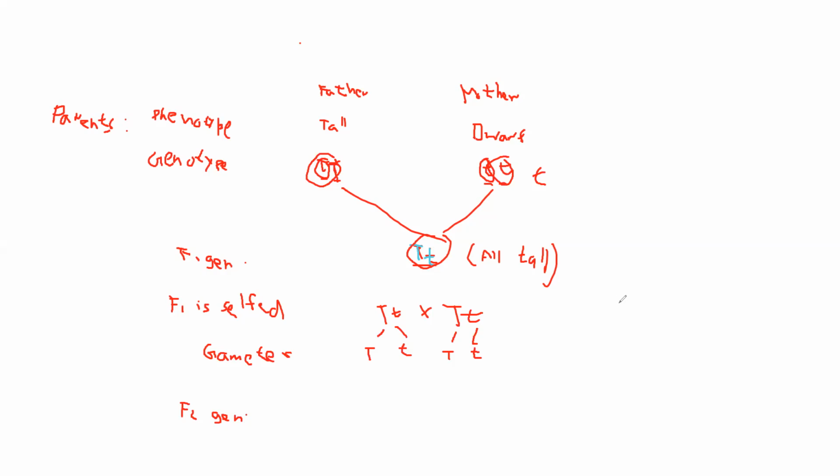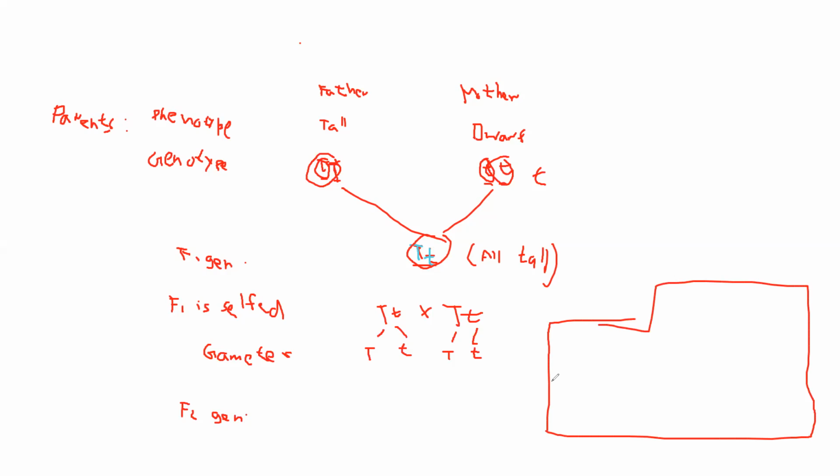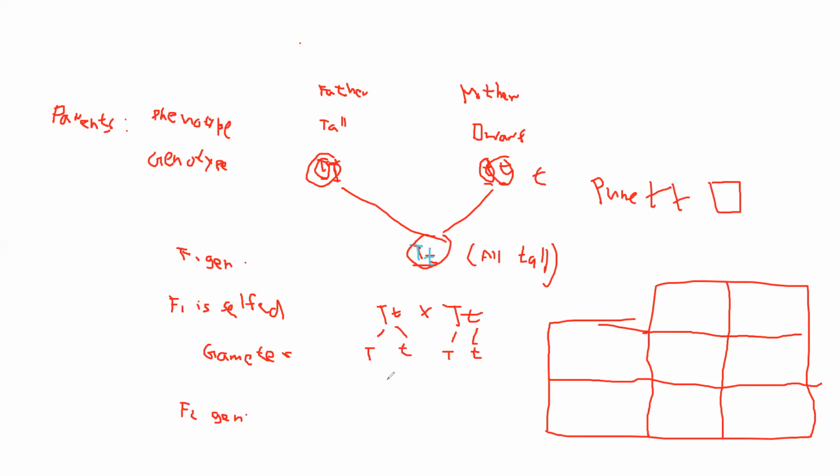One is the Punnett square, and the other is you can directly finish it from here. So I'll show both. Everyone should remember the genotypic ratio, so you can find it right now. I'll be asking after this.